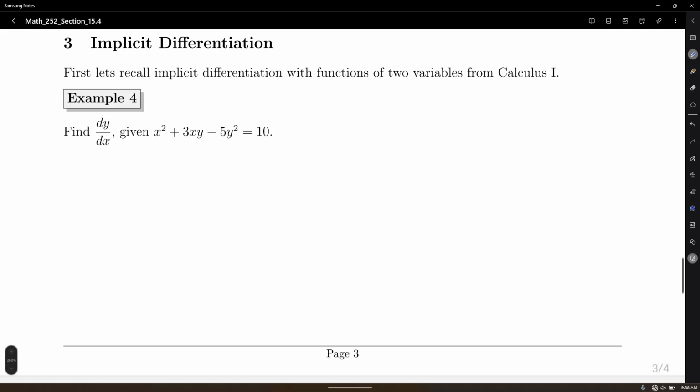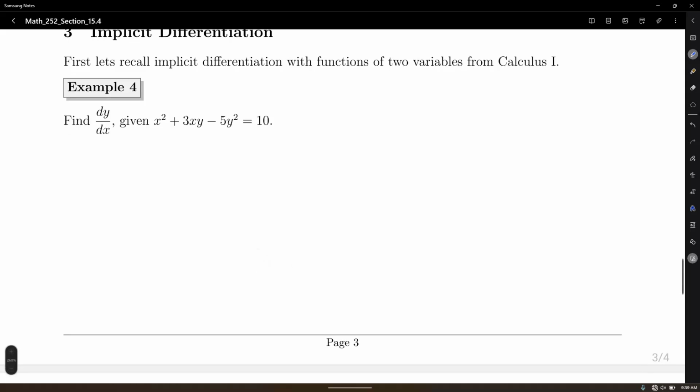That would give you two results, a positive and a negative. And that's really not a function because for every single value of x, you would have two different values of y. Can you be in two different places at the same time? Again, that's not a function. Okay. Let's find the derivative of this implicit function.